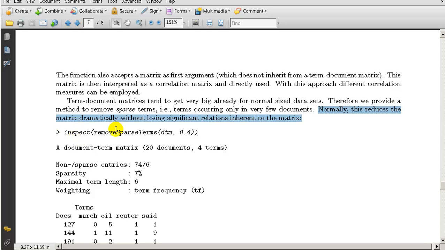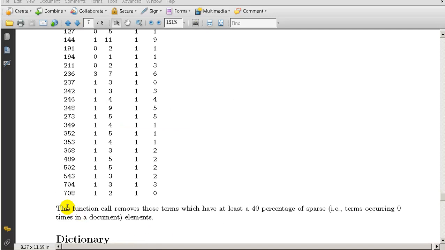And you can do remove sparse terms, and this says what? This function call removes those terms which have at least 40% of sparse.